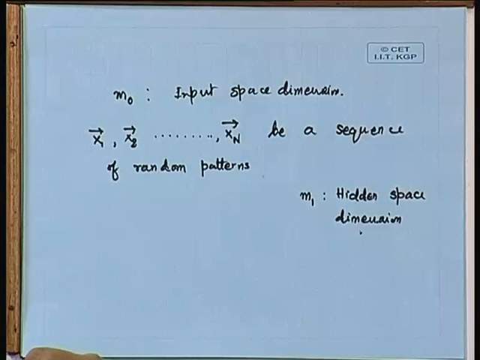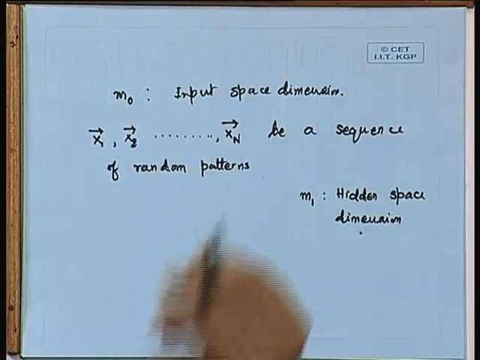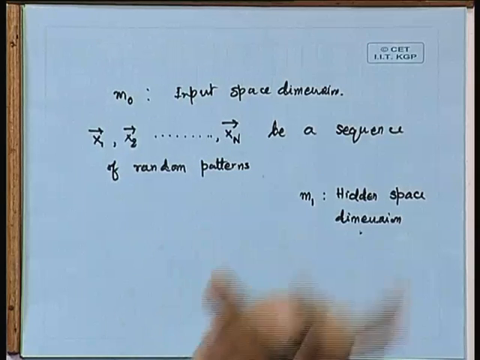But let us say we have decided our structure, and we freeze M1 as the hidden space dimension. Then the question is, from the M0 space, how many such patterns can we have? If we increase n, are we going to improve the separability, or make it worse?